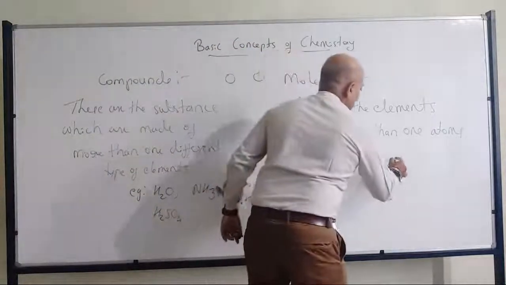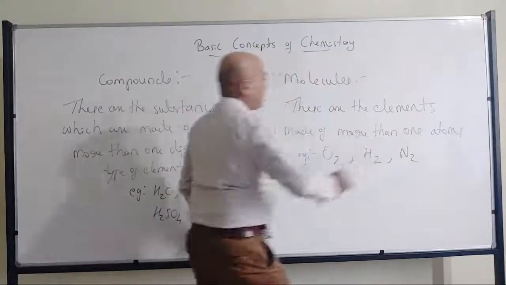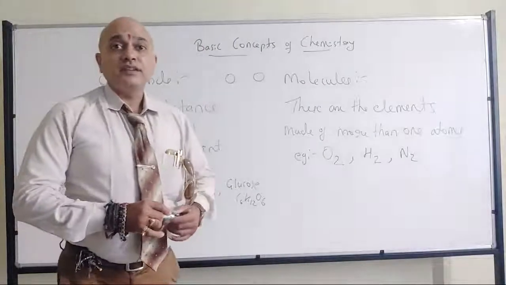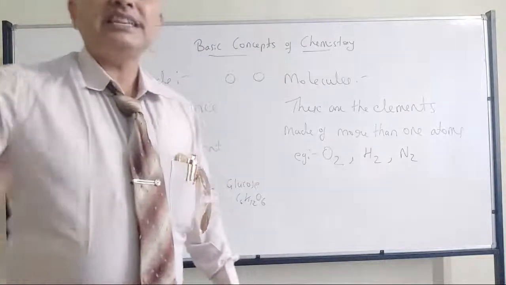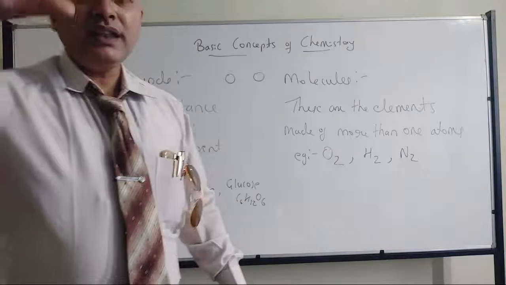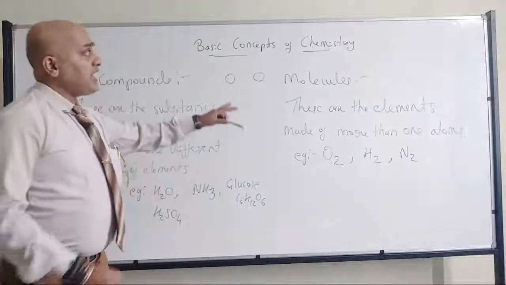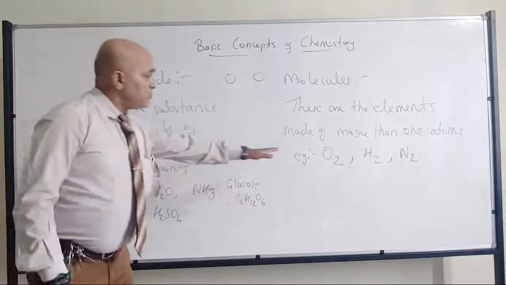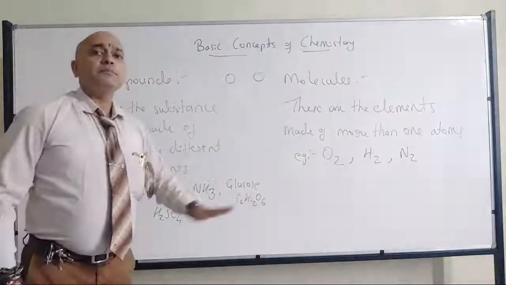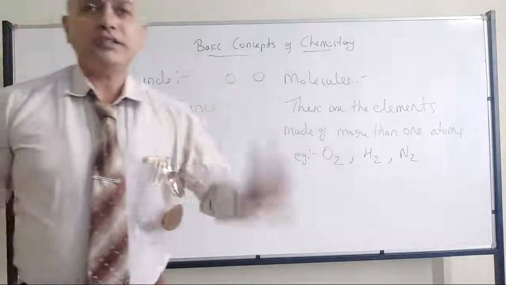Then nitrogen gas, N2, would not have existed in nature. But to have this stability, to have a stable ecosystem, nature has designed it in such a way that both types of elements are present, compound also, molecule also.